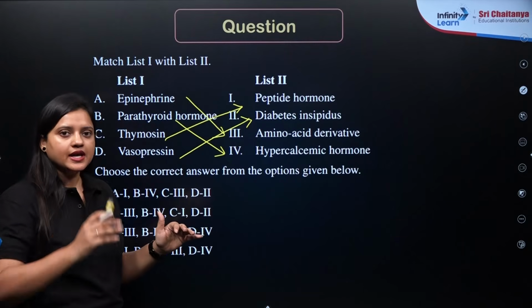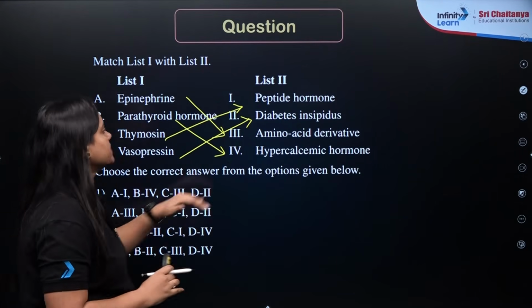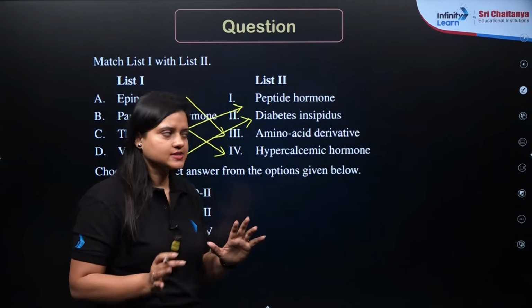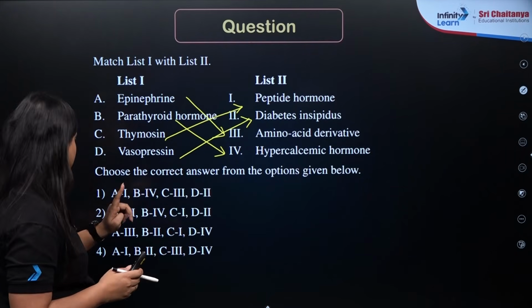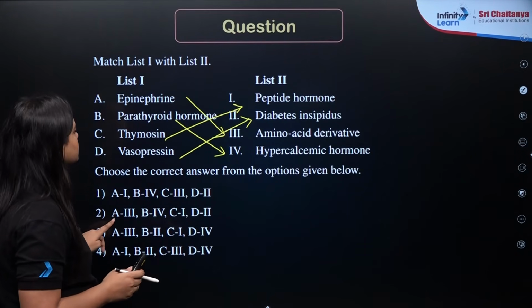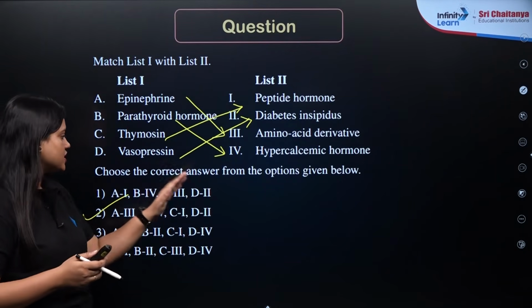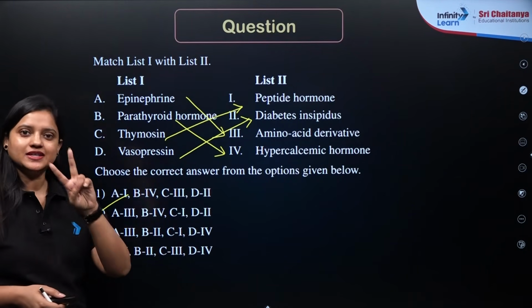But if it is secreted less, then the person will suffer from diabetes insipidus with polyuria, diuresis, right? So A is matched with 3, B is matched with 4, C is matched with 1 and D is matched with 2. We got our answer, it should be 2.